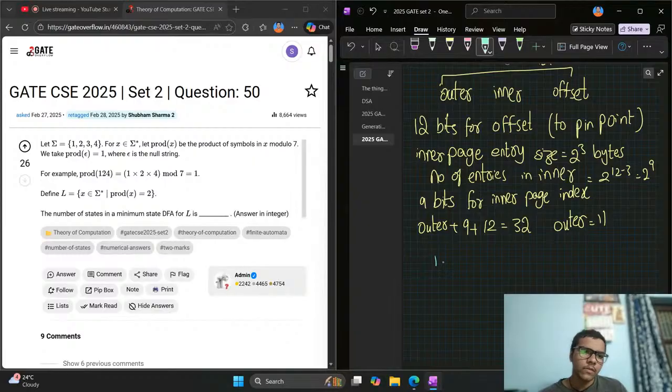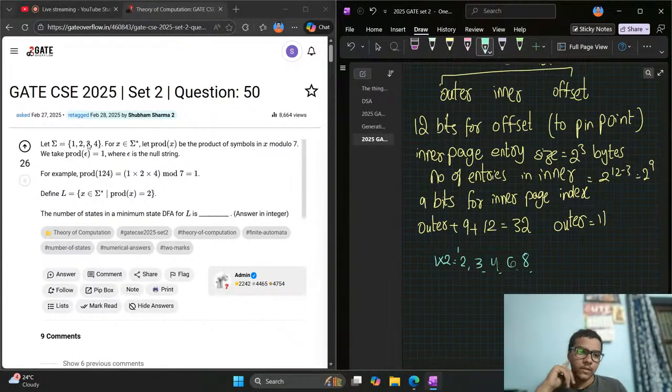So what are all the possible combinations? 1 into 2 gives 2. 2 is there, 3 is there, 4 is there. 6 is there, 8 is there. 1 is there. 1, 2, 3, 4, 6, 8.